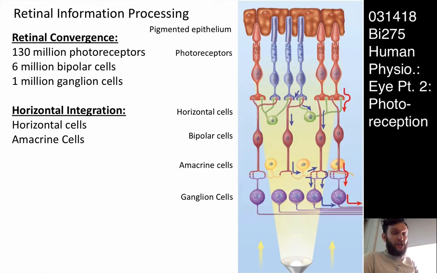Horizontal integration is where a horizontal cell at the photoreceptor bipolar junction or an amacrine cell at the bipolar ganglion cell junction is able to take information that is being encoded in the synaptic patterns at that junction and relay that horizontally to other synapses adjacent to it.